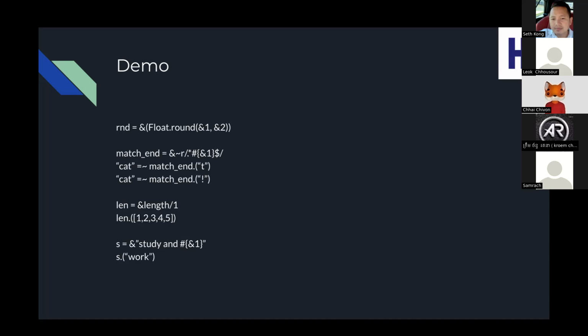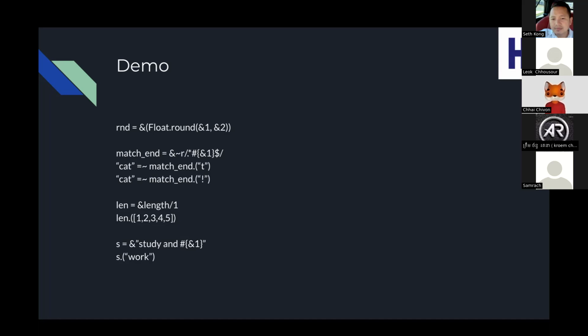And let's say we have a function called S. S is a function that prints out a string and takes one parameter, interpolating it into that string. So our string was study and whatever you pass in.